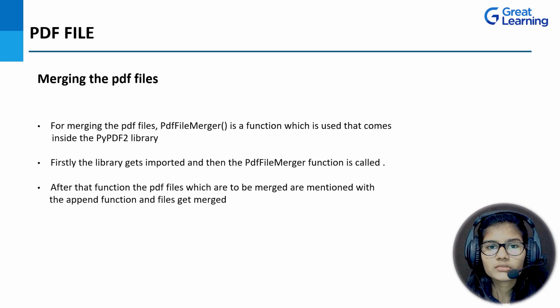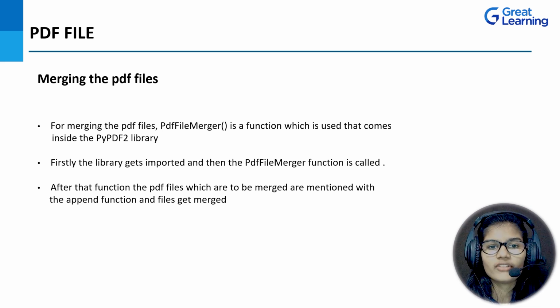For merging PDF files, you have the function PdfFileMerger. PdfFileMerger is a function for merging PDF files, which also comes in the PyPDF2 library. First of all you need to import the library, that's PyPDF2, and then you call the PdfFileMerger function.